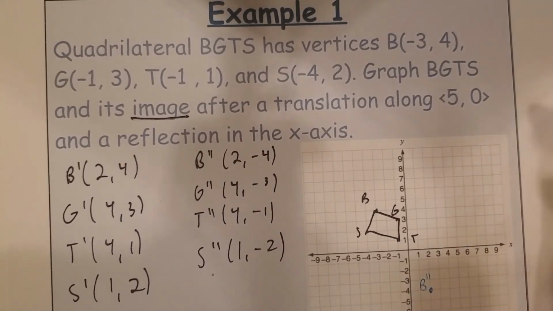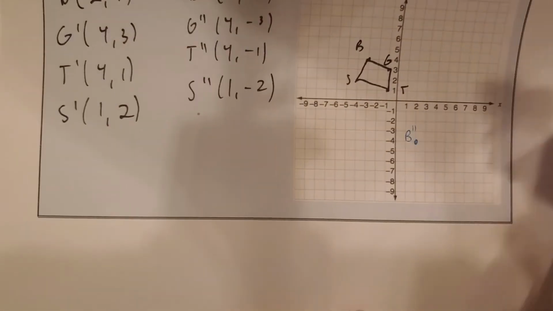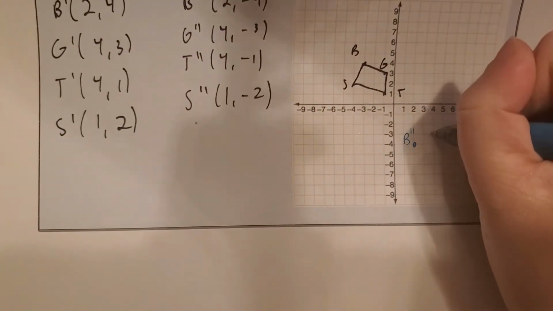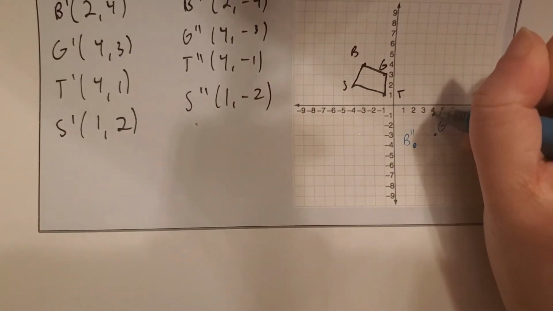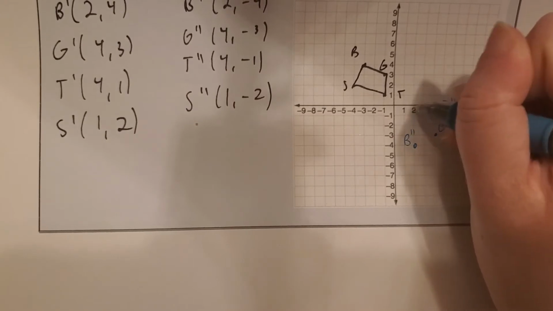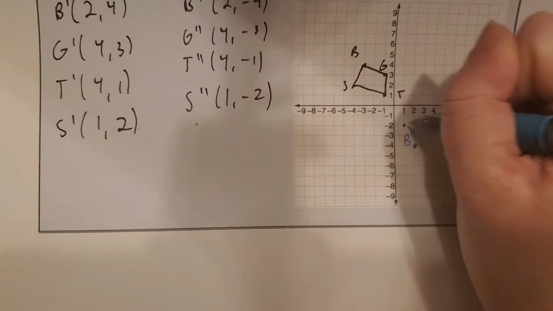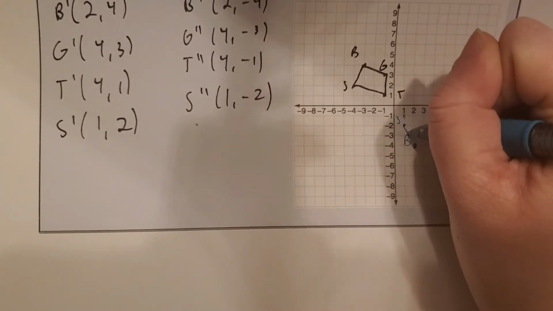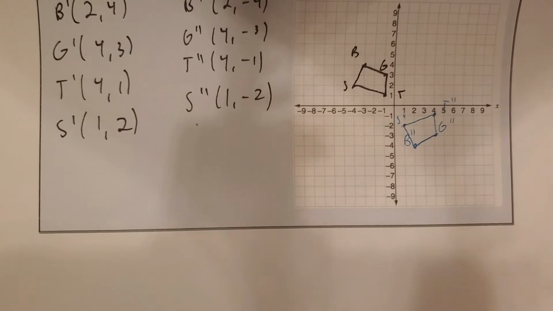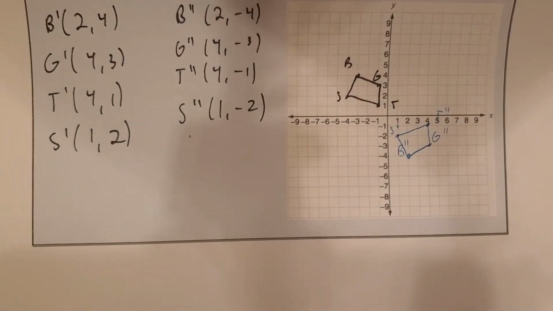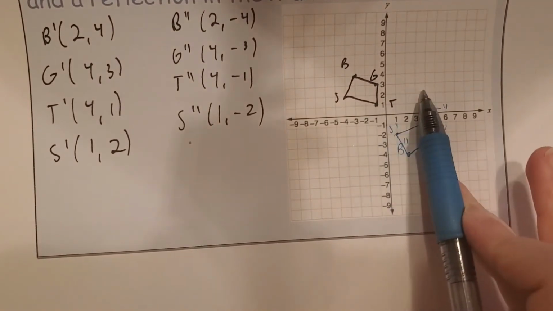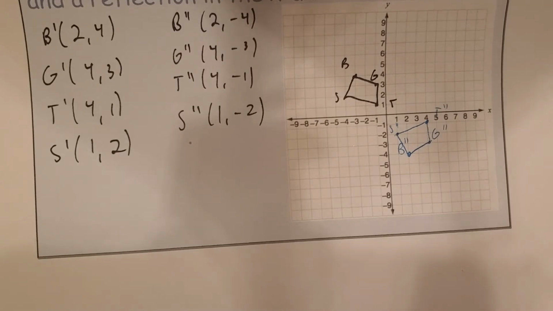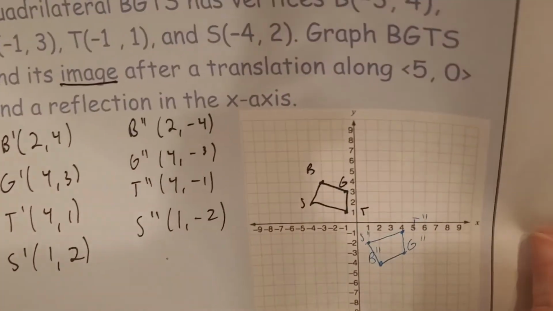So when I graph these, I'm going to do my double prime. And there you go. So this kind of looks like you just shifted it over a little bit and then flipped it down. All right. So that was an example of one of those glide reflections that we were talking about earlier.